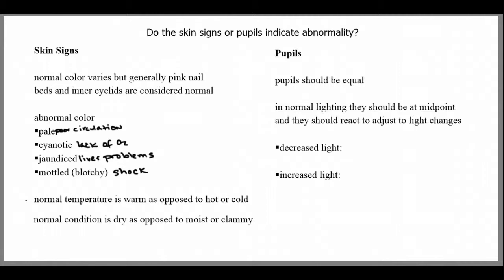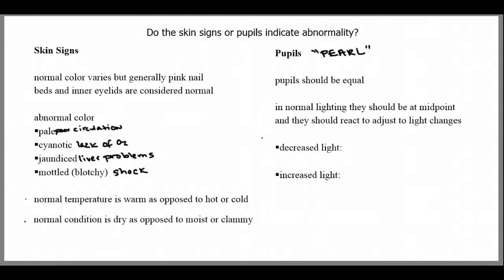Normal skin temperature is warm as opposed to hot or cold. And normal condition is dry as opposed to moist or clammy. Pupils, remember the acronym PEARL. Pupils should be equal.